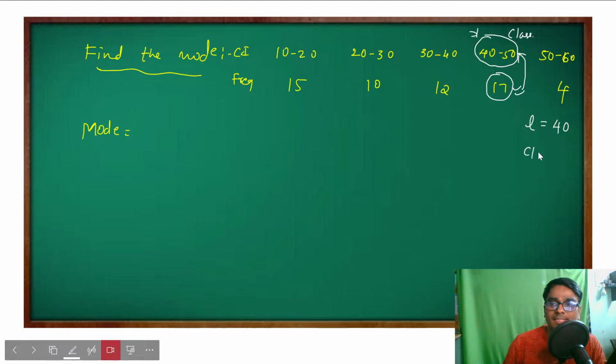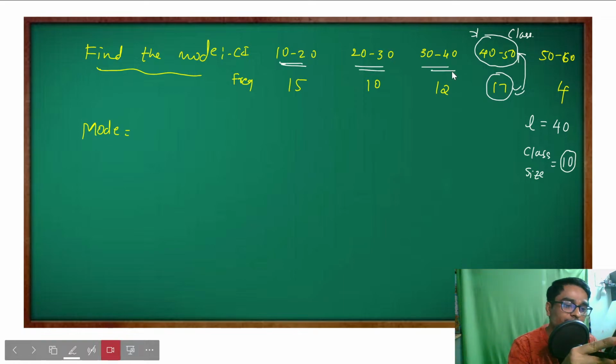Class size is equal to 10. Why? Because the difference between every class interval is 10. That is class size. Clear? For the modal class, you got to know how to find the highest frequency.